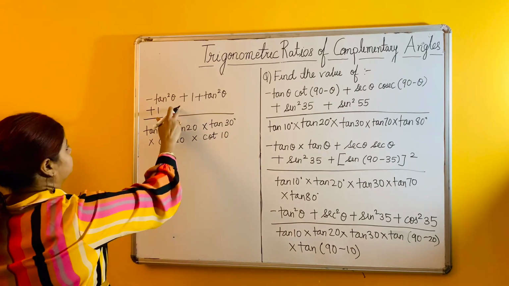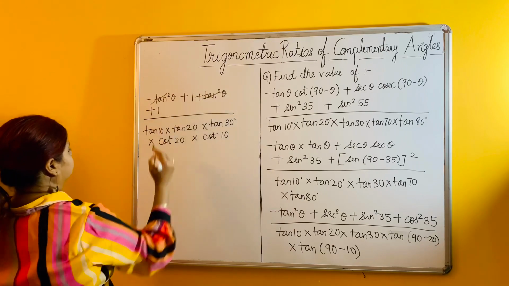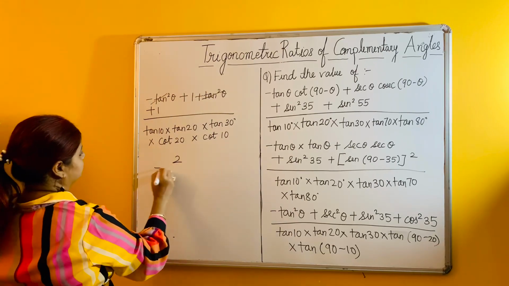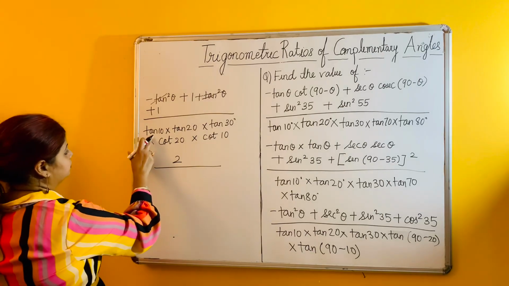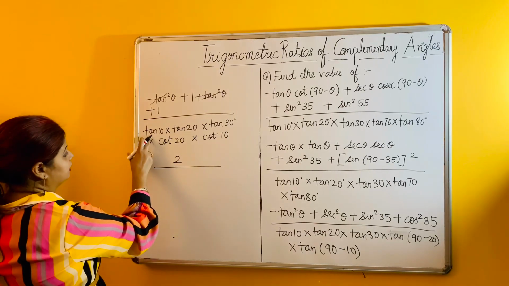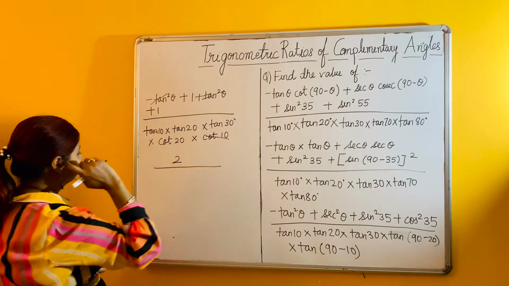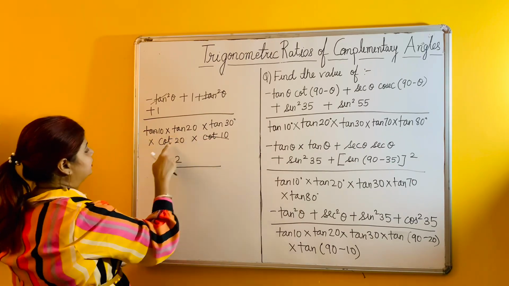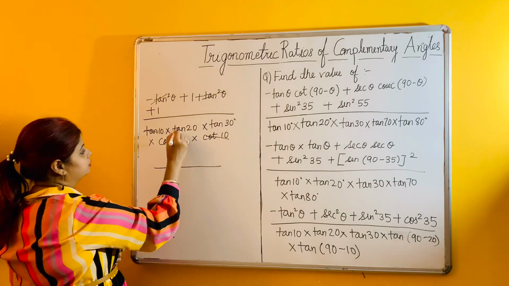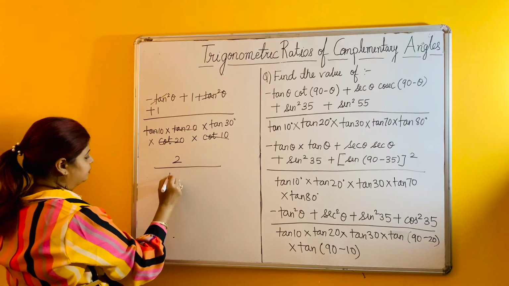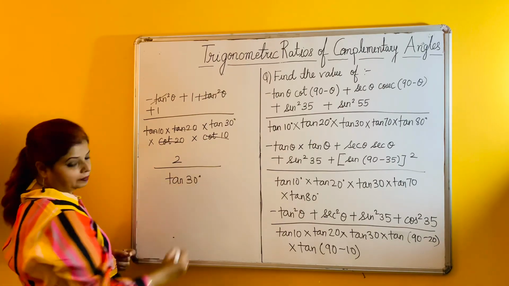Now let's simplify this. So this will get cancelled. So what is remaining here? 2. Now here it is tan 10 degree and cot 10 degree, which will again get cancelled, and then tan 20 and cot 20. So what is remaining here is tan 30 degree.